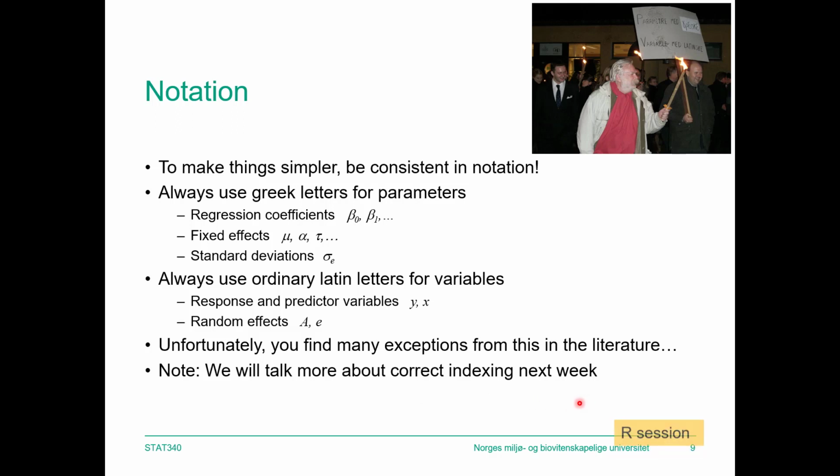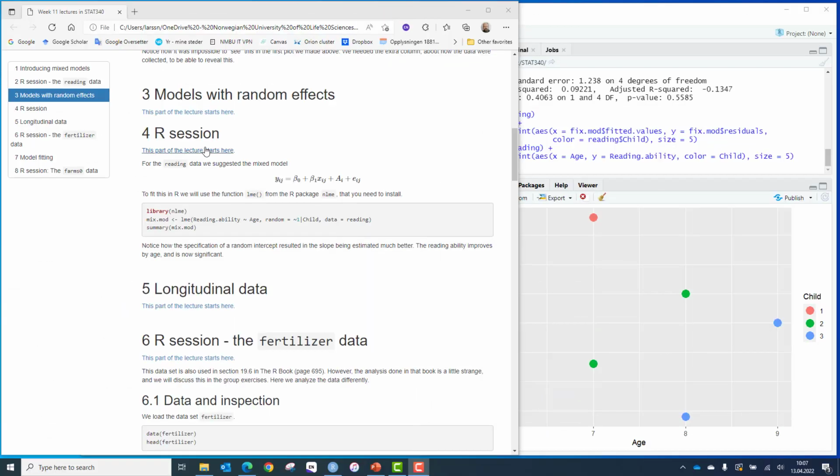So let's go back to R and have a look at the reading data again and fit a mixed model. First of all, let's specify the mixed model, and this is exactly the same as we saw in the lecture notes, right?